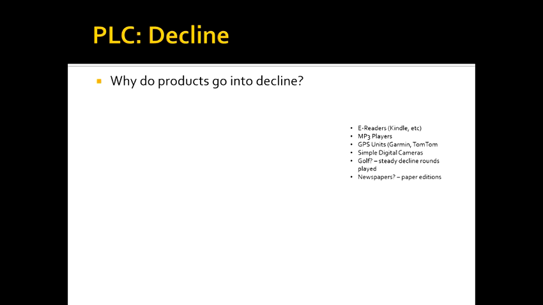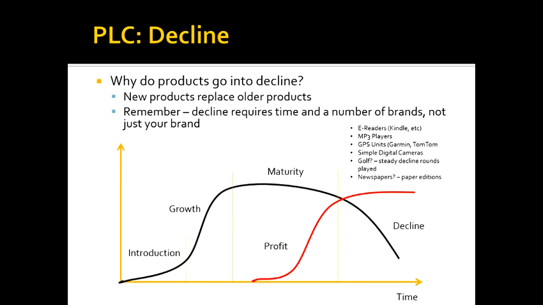So why do products go into decline? Because new products come along, right? New products are beginning their product life cycle, starting to go through growth and so forth. And for some reason, they offer more benefits or more value.